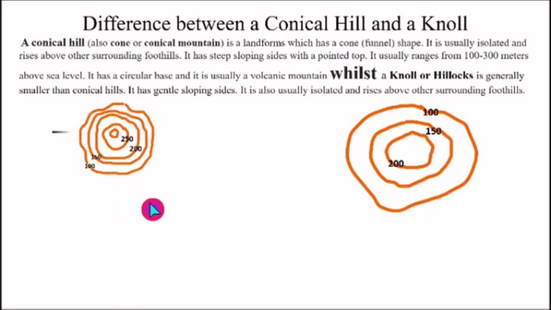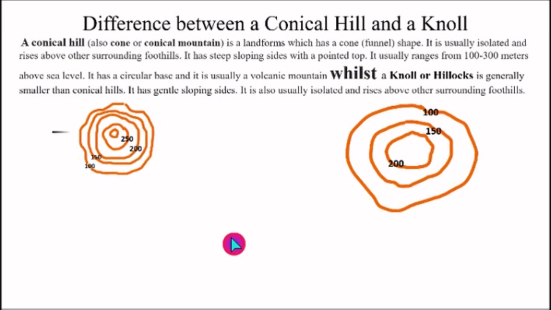The calibration of the conical hill is from the lowest to the highest, so from 100 to 250 and then to 300. And the calibration of this contour, which is the knoll, is also from the lowest to the highest, that is from 100 to 200.